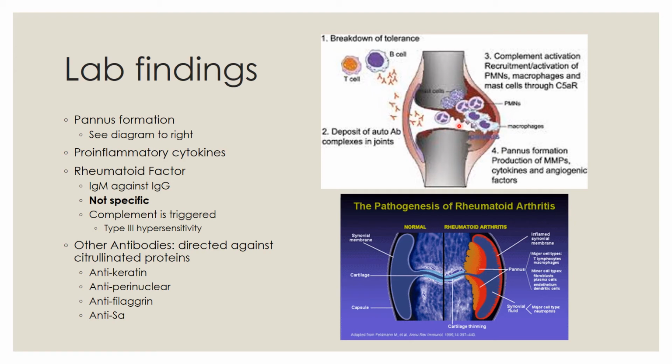The T cells are then going to attract more white cells, including macrophages and neutrophils, into the joint. So you're getting this swelling with all these cells in it, okay? The rest of the triggering is going to include things like complement activation and mast cells, macrophages, all kinds of things showing up into the joint.